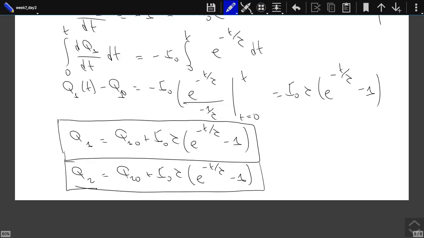Which one? This e. This natural logarithm.